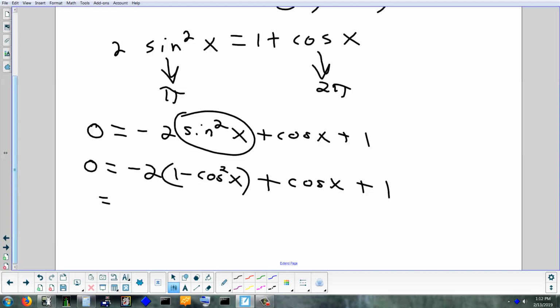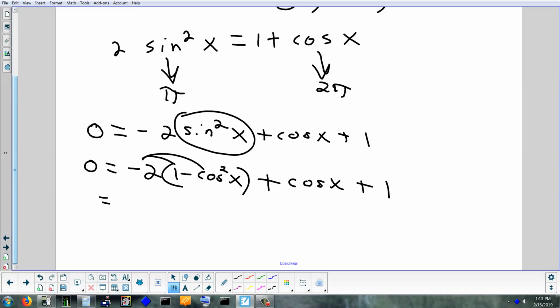Okay. Now, what do we have to do with that negative 2? Distribute it, and let's do this in one step. What's negative 2 times negative cosine squared? 2 cosine squared. That's why I moved everything to the right, because I knew that would happen.